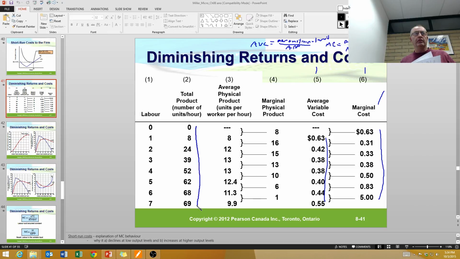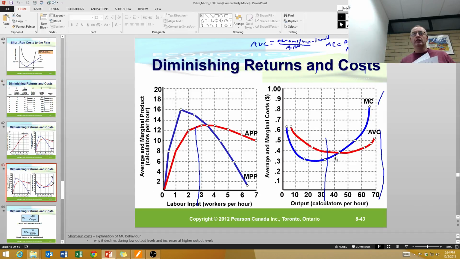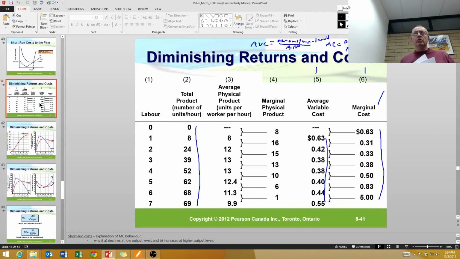These units of output give us these costs, and these costs give us these curves right here on the right-hand side. So if you're looking at this slide in your book and you're wondering where do these figures come from, we simply apply this formula up here. It's the per unit input cost divided by marginal physical product. So we can see in this data table, we have the marginal physical product right here. So we'll use this to calculate this, and we have the average physical product data here, which we'll use to calculate the average variable cost here.